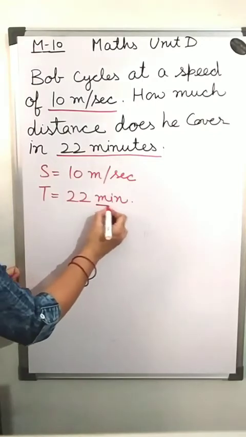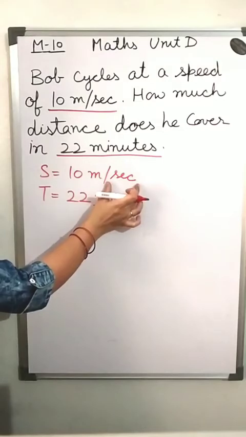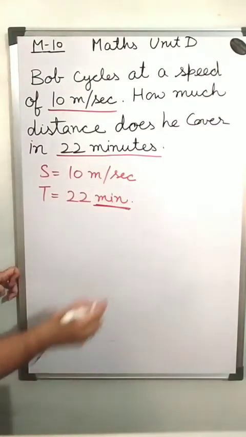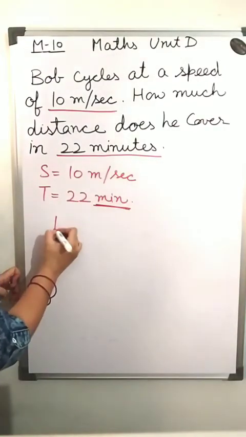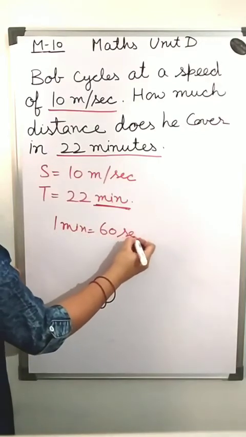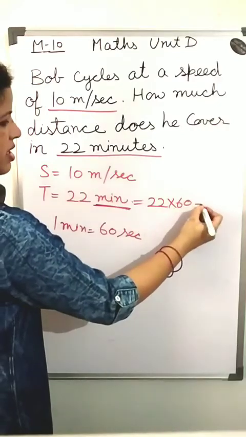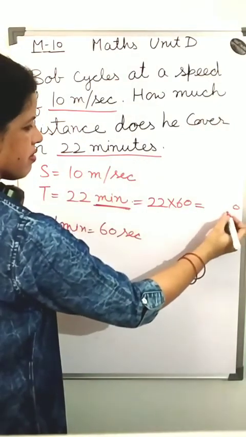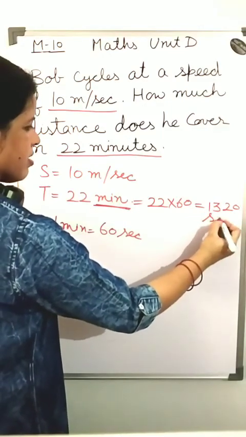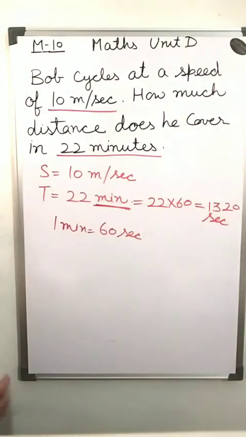So we change our unit into seconds, because this unit is second. So how do we convert? As we know, 1 minute is equivalent to 60 seconds. So we multiply this by 60. So it is 1320 seconds.